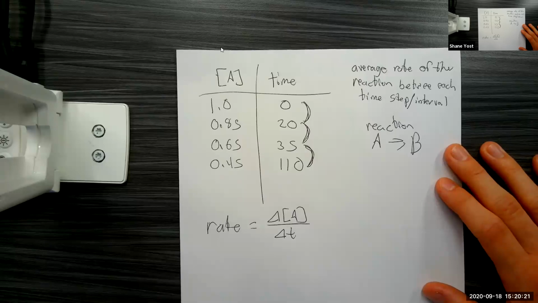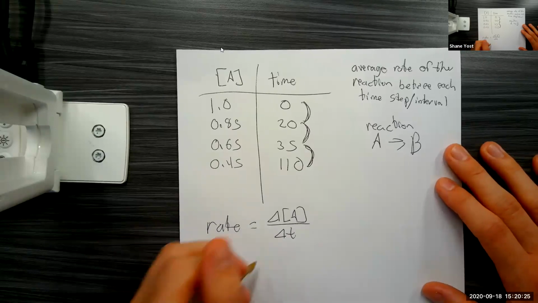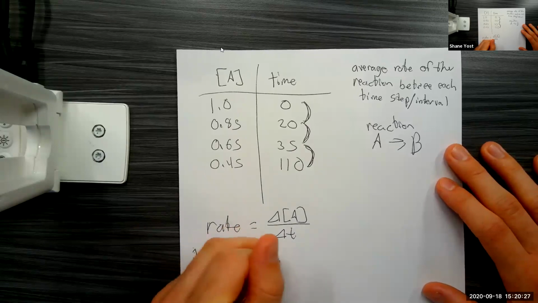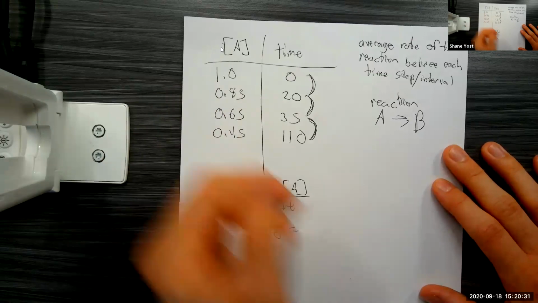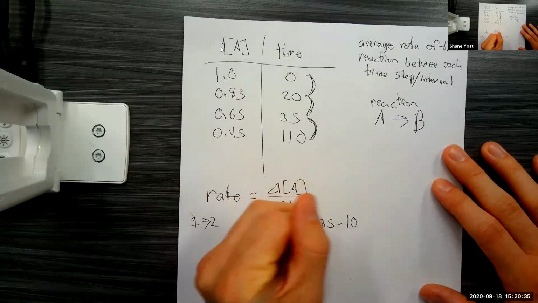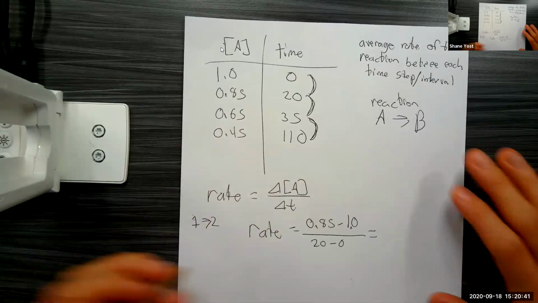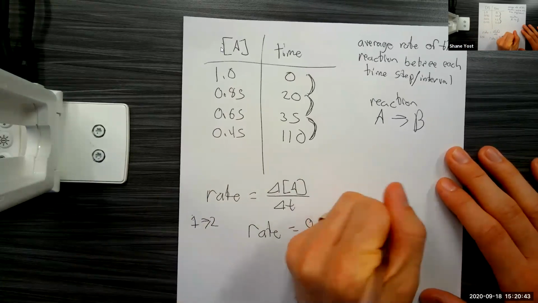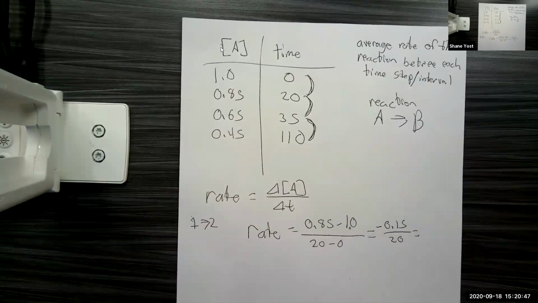So from time interval 1 to 2, that rate is just equal to the change in concentration. The final concentration is 0.85 minus the initial concentration of 1.0 over the time, 20 seconds minus 0. So that's 0.15 divided by 20, negative 0.15 divided by 20.